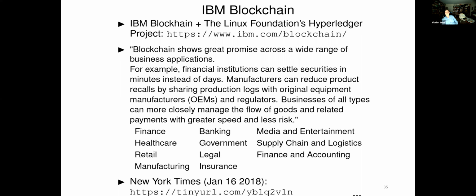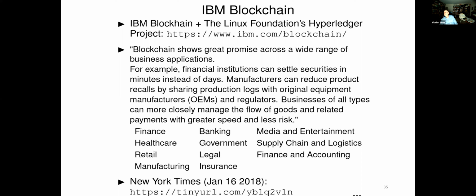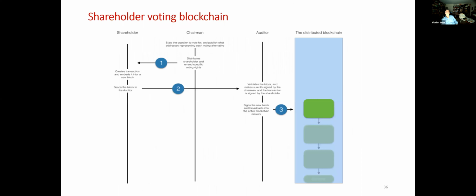But the reason why IBM is really interested in that, my understanding is that IBM seems to feel they missed the revolution with Amazon and Apple and Google and Facebook, and they think that blockchains will be the next big thing, on the same scale as those I just mentioned.